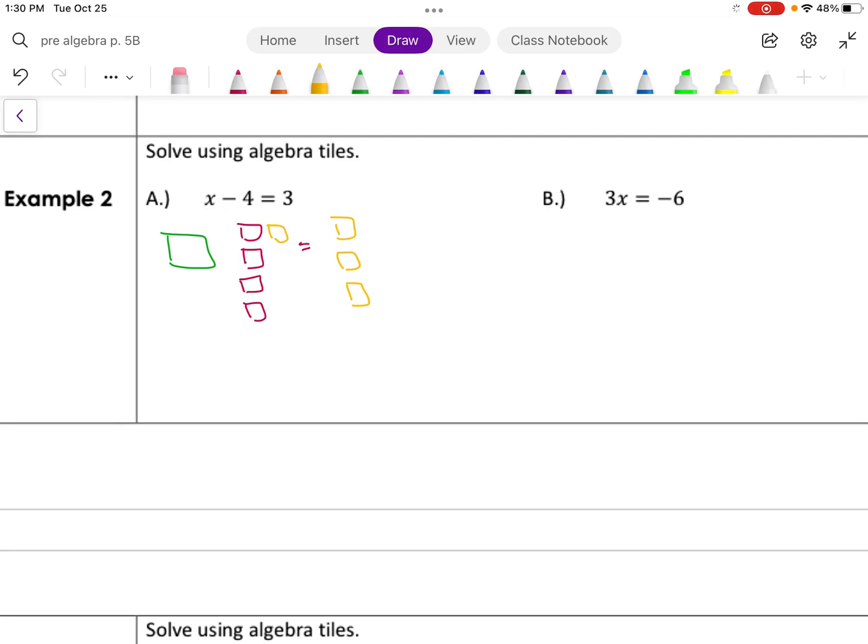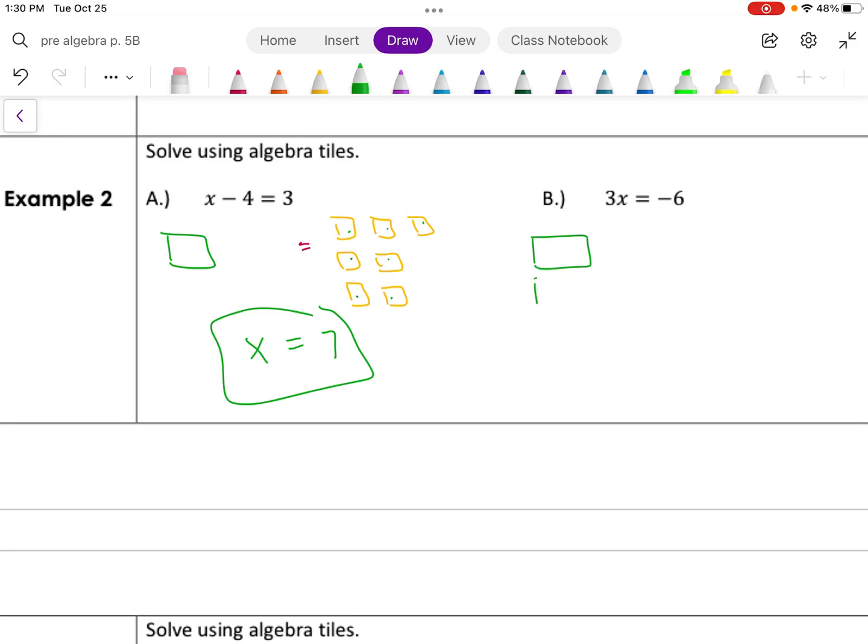Well, I want to get x by itself, so I need to add 4, right? I need 4 1s, so I'm going to add 4 1s to both sides. So now these 4 cancel each other out. Nothing cancels out on the left side, so we see that x equals 7. That's the x value that would make that equation true.